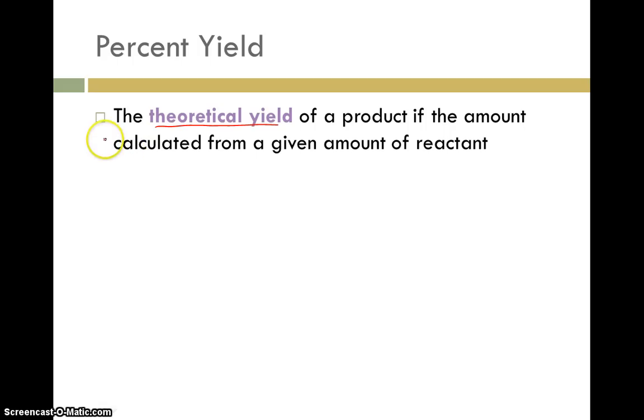And this word calculated is really important because what this tells us is that you used stoich. So you're going to use the mole map to calculate your theoretical yield. This is also what I call the perfect world amount.